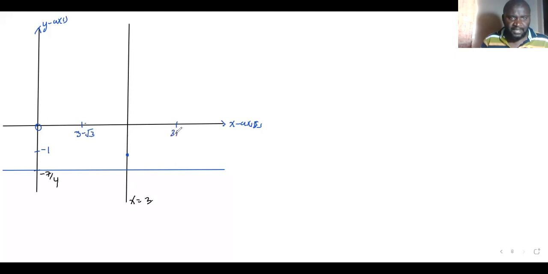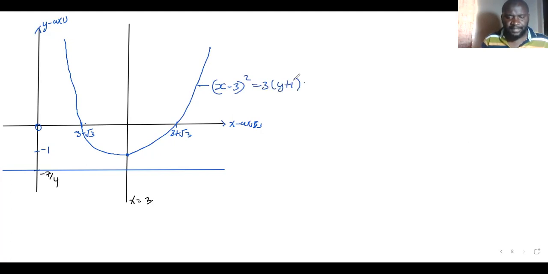The other point is 3 plus root 3. So we are ready to sketch the curve. Like that. So this is our curve, x minus 3 squared is equal to 3 into y plus 1. Okay. So with that, you have sketched our parabola.